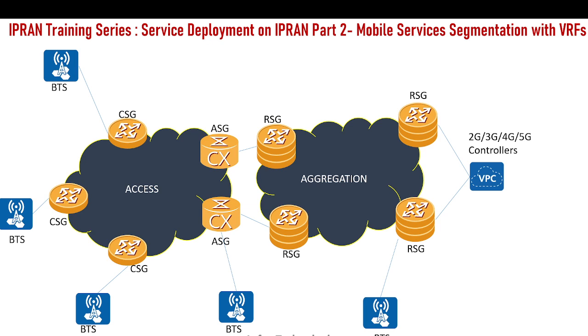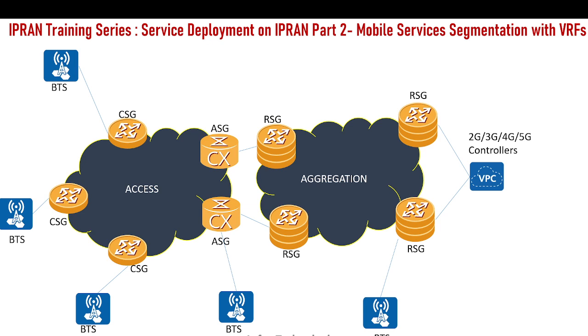We are separating these services into different routing instances, and with that we are able to give them some special treatment so that we meet their requirements. So we will create different VPRNs or different VRFs for different services and segment them so that they are separate from each other. So we'll have different routing tables for different services.